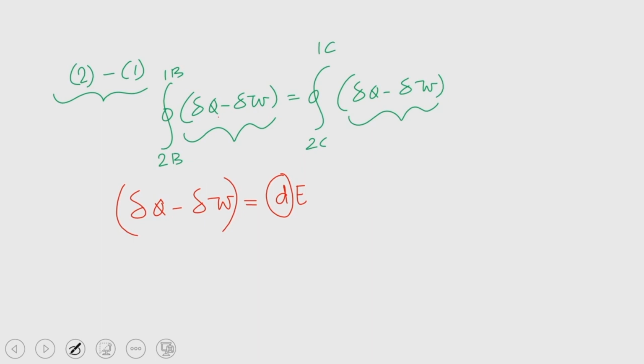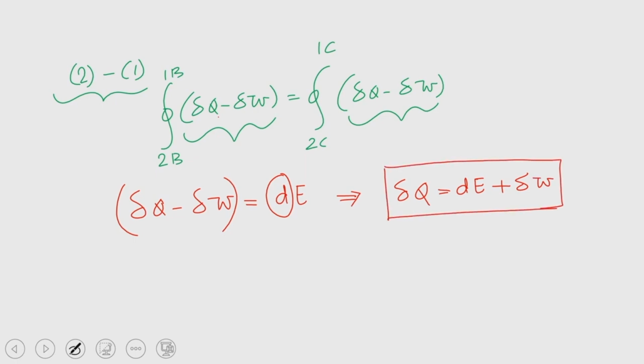Now, if we write one step further, we can write delta Q equal to dE plus delta W. Perhaps you have studied this in your undergraduate course, that is the first law of thermodynamics applied to the control mass system, and when the system is performing a process, the process need not be a cyclic process. So, this is the first law of thermodynamics for the control mass system undergoing any generic or general process.